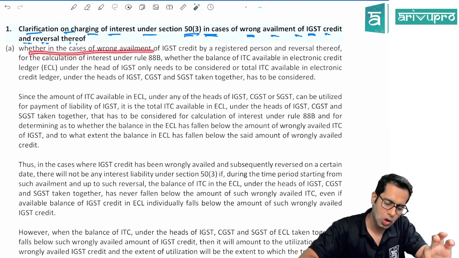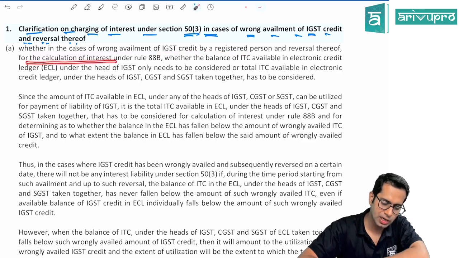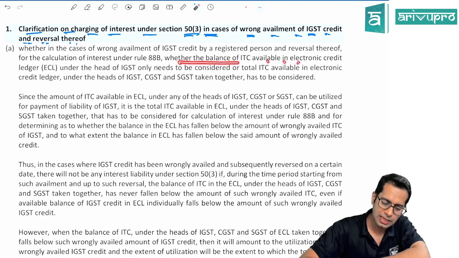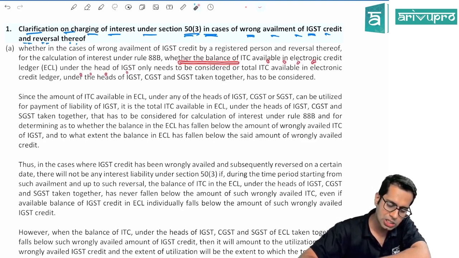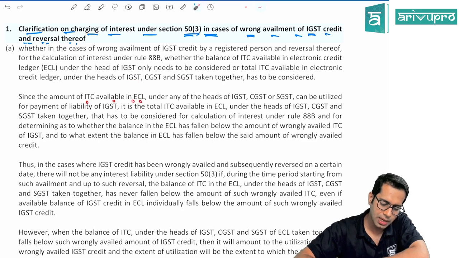Whether in case of wrong availment of input tax IGST credit by a registered person and reversal thereof, for calculation of interest under Rule 88B, only the balance of ITC in the electronic credit ledger under IGST needs to be considered, or the total ITC available under CGST, SGST, IGST should be considered, since the amount of ITC available in the electronic credit ledger under any of the heads of IGST, CGST, SGST can be utilized for making payment of IGST.